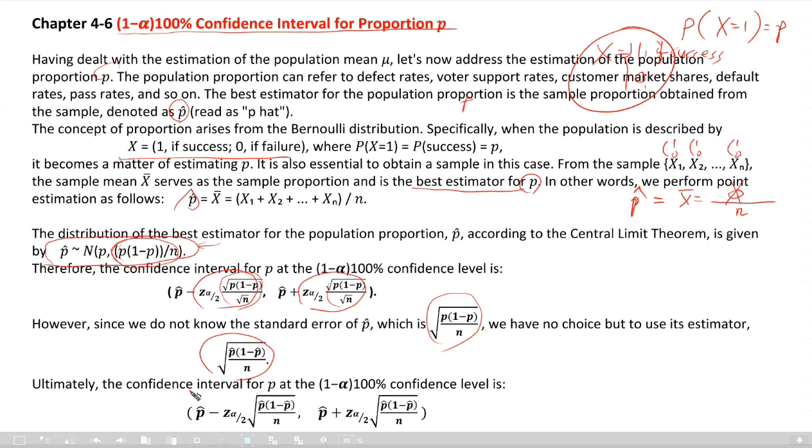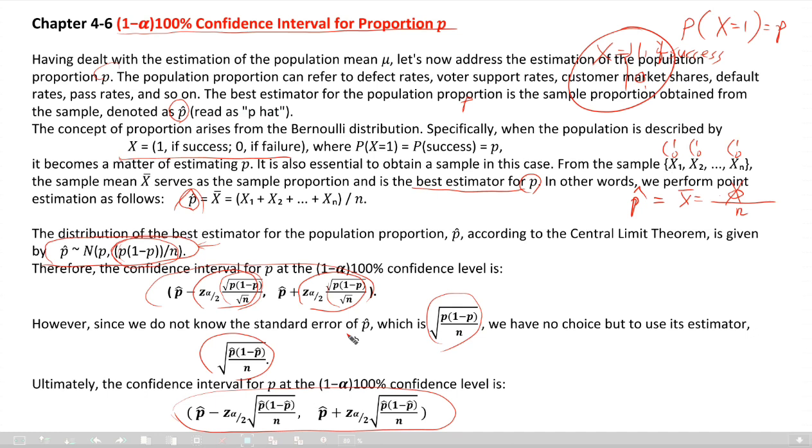Ultimately, the confidence interval for p at 1 minus alpha 100% confidence level is like this. So it is very coincident in the process. The logic is the same as for the population mean. When we studied the population mean, there was no difference. Of course, there are some differences like the distribution of p hat, but the logic is just the same.